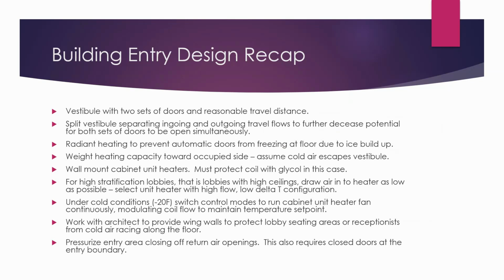However, an improvement on that is to put a modulating valve on your coil and interlock the control signal through a relay, and then start that fan and allow it to run continuously at minus 20, and then just modulate the coil to maintain temperature. And that continually cycles that air is what that's doing.